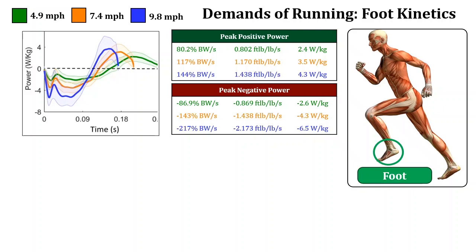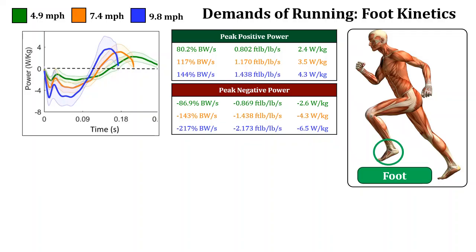And you can see that the peak negative power is comparable, maybe initially, depending on the speed at which someone's going. So at lower speeds, there's almost a 1-to-1 positive power to negative power ratio.